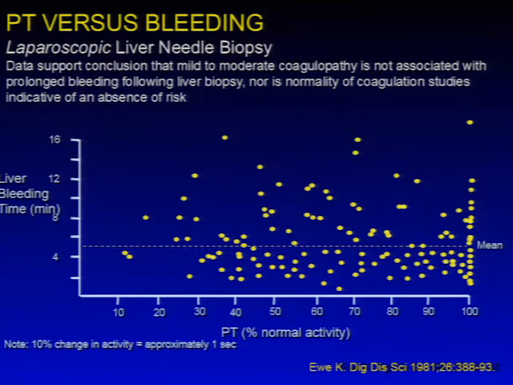So basically, the data from this study and other studies supports the conclusion that mild to moderate coagulopathy does not appear to be associated with prolonged bleeding time, specifically for liver biopsy. And we'll talk about other patient populations as well. And that normalizing these coagulation studies does not necessarily indicate an absence of risk for liver biopsy bleeding. Again, normalizing these coagulation studies does not indicate absence of risk.